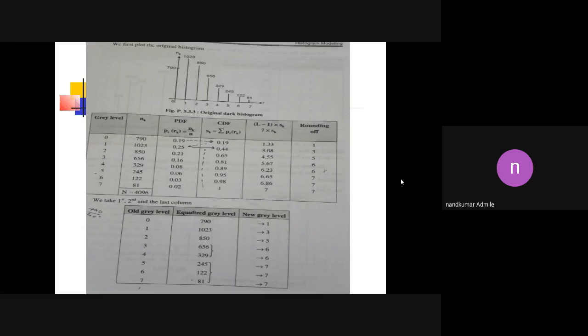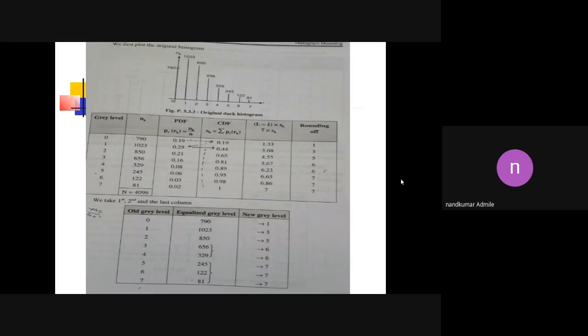Okay, so everyone first simply note down the formula of the PDF function. Note it on paper and listen carefully.